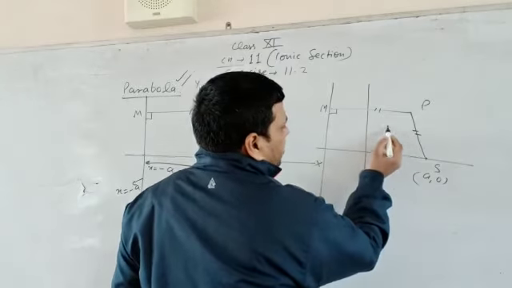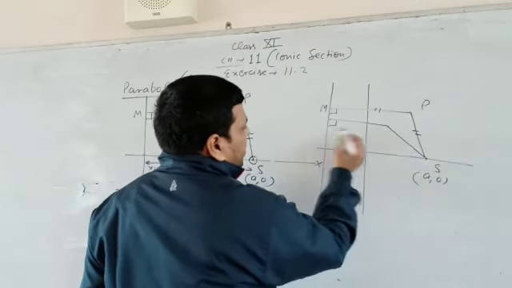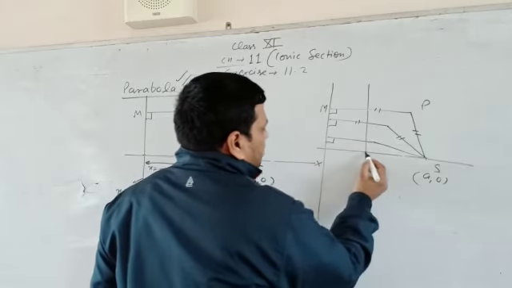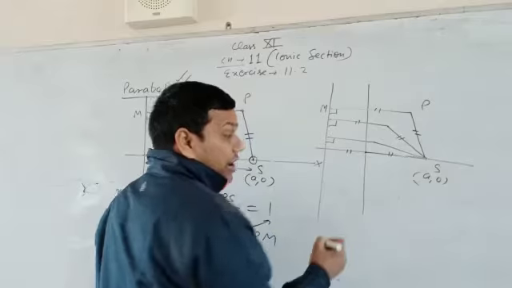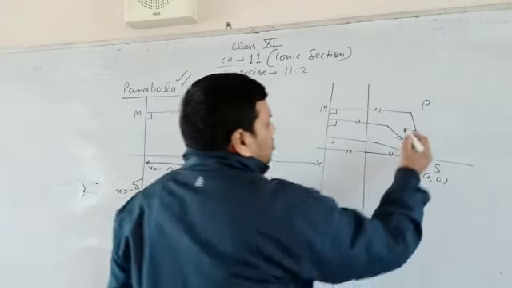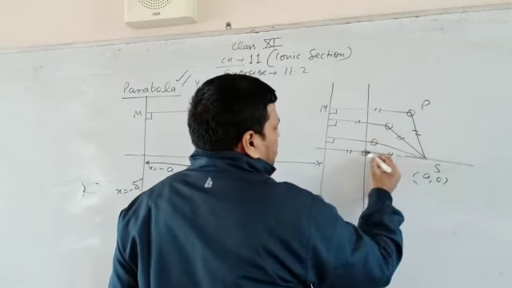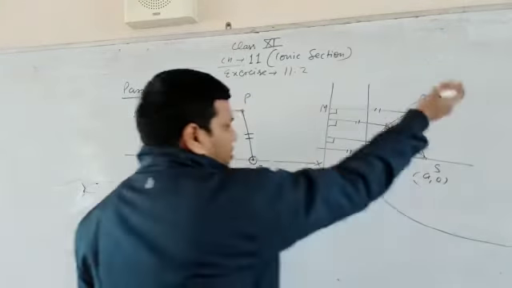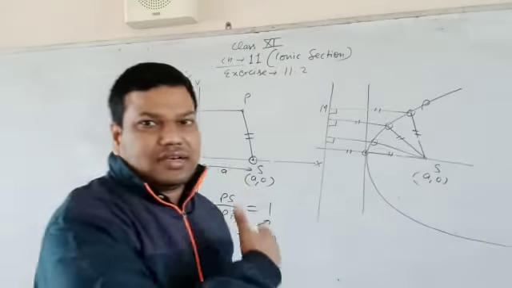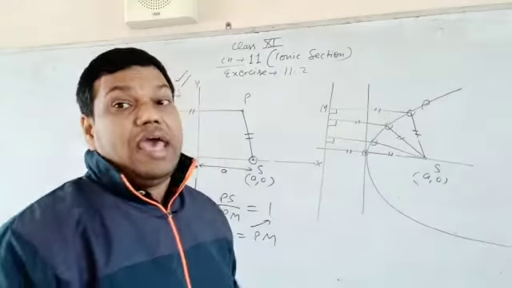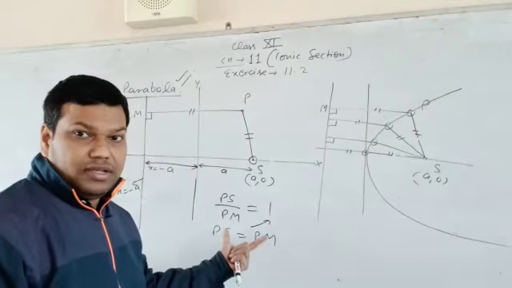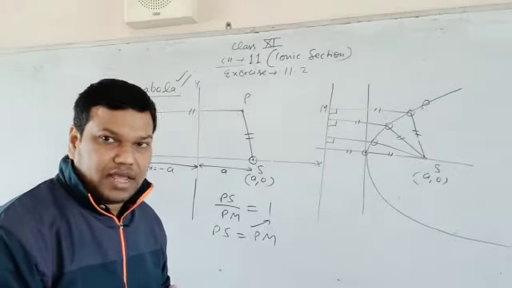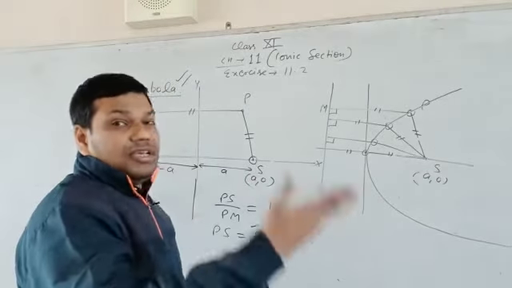If it is like that, then the distances must be equal. If you trace the locus of this point, you will find that it is a curve, the path traced by a moving point having this condition, that PS upon PM must equal 1.